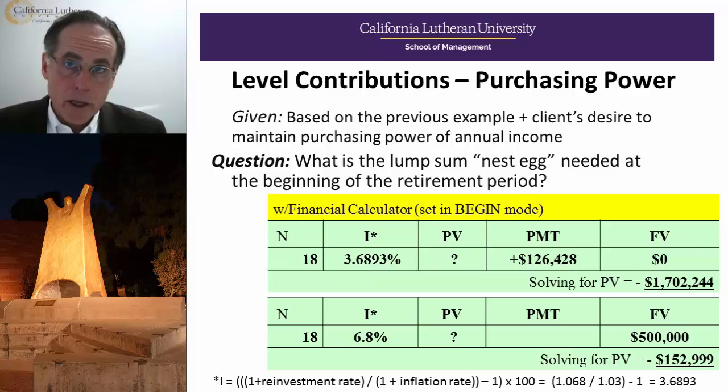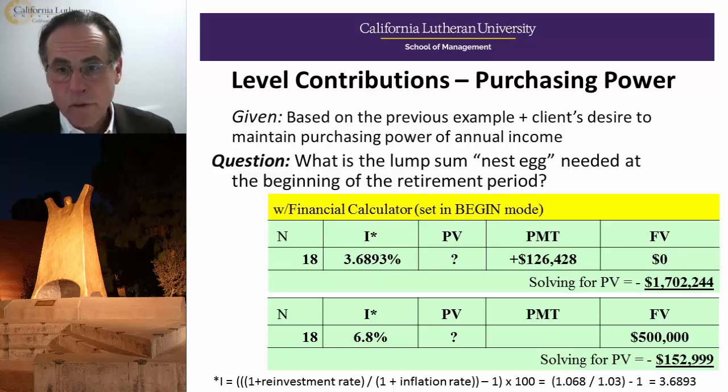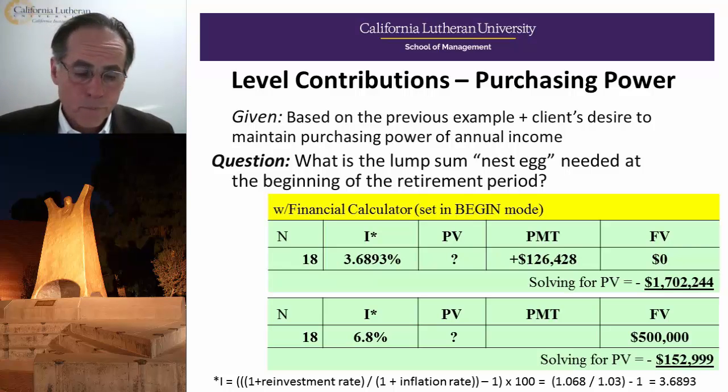In running your calculations on a CFP exam, you always want to go at least 4 decimal places. So solving for that, it's 1,702,244. To that, we add the 152,999. And again, you'll solve for the level contribution knowing what that lump sum is the same way we did before.